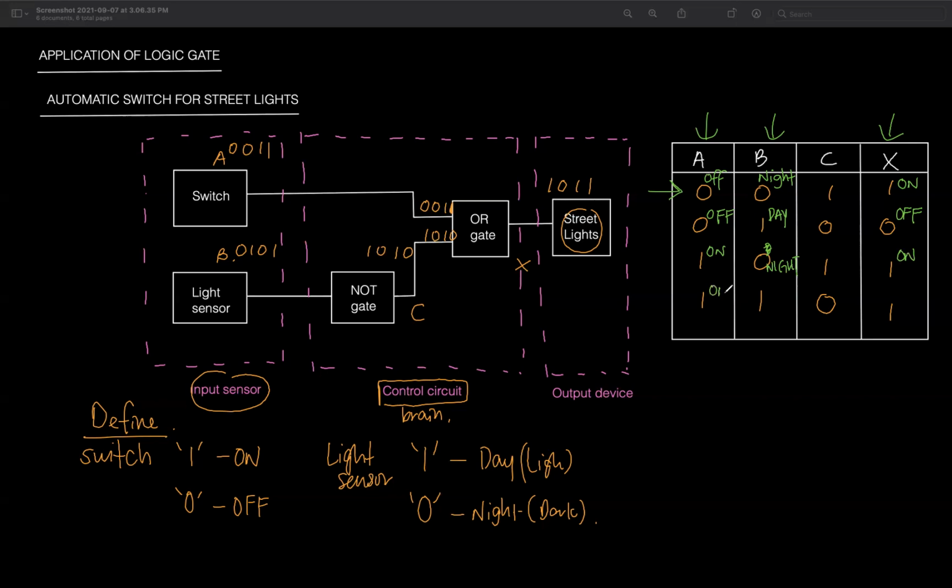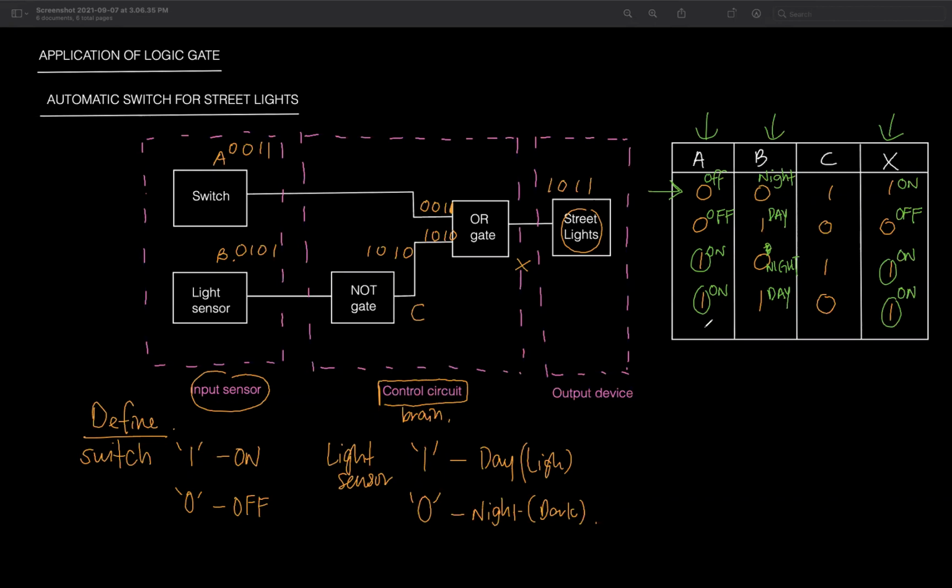You turn on the switch, even though it is daytime. Because we don't want it, if it's daytime, you turn on the switch and it does not turn on. No, we want to be able to control it manually. So whenever I turn on the switch, the street light must be on. So you can see, when the switch is 1, the outcome must be 1.